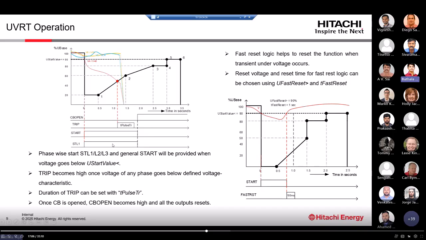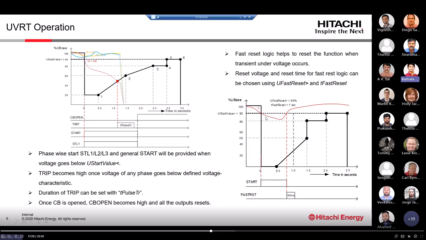So that is how it works. This is an example of fast reset logic, where you can see the voltage dip is seen only for a short period of time. Here the U fast reset is set as 90%, same as the U start level, and T fast reset is set as 1 second. That means from the start of the under voltage condition, we'll look for the reset condition for 1 second.